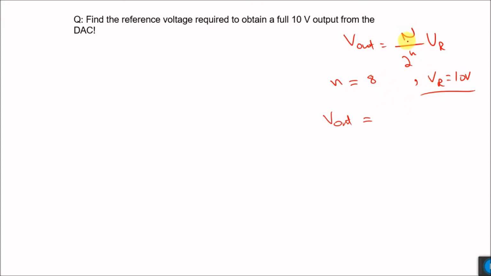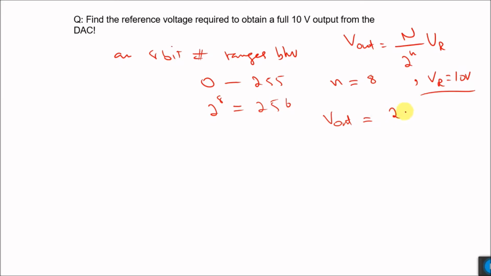And what can be the maximum value of capital N in case of an 8-bit number? An 8-bit number ranges between 0 to 255. But what is the value of 2 raised to power 8? That is equal to 256. So this means that 255 over 256 into VR can be the V out maximum.